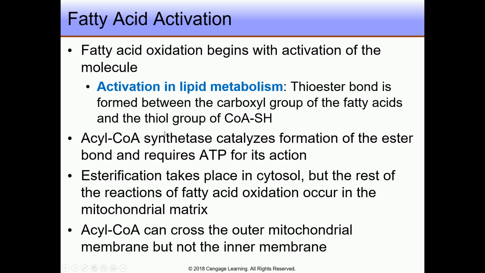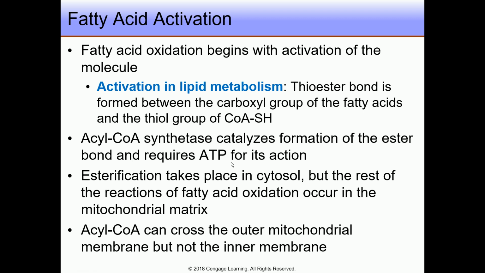So a thioester bond is formed between the carboxyl group of the fatty acid and the thiol group of the coenzyme A. This takes place with the help of the enzyme called acyl coenzyme A synthetase. It catalyzes the formation of the ester bond, and it requires ATP for its function.